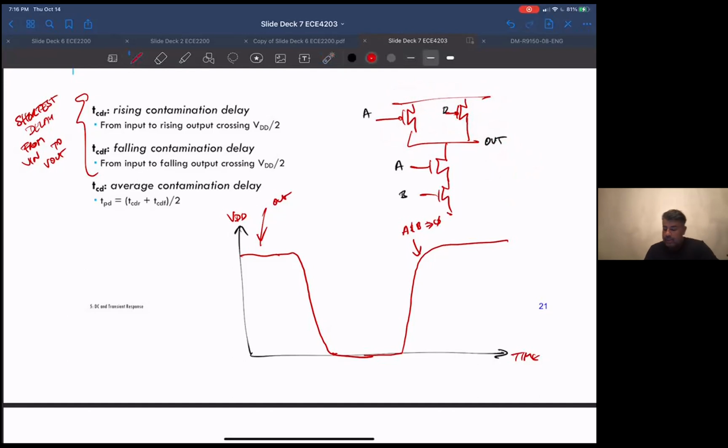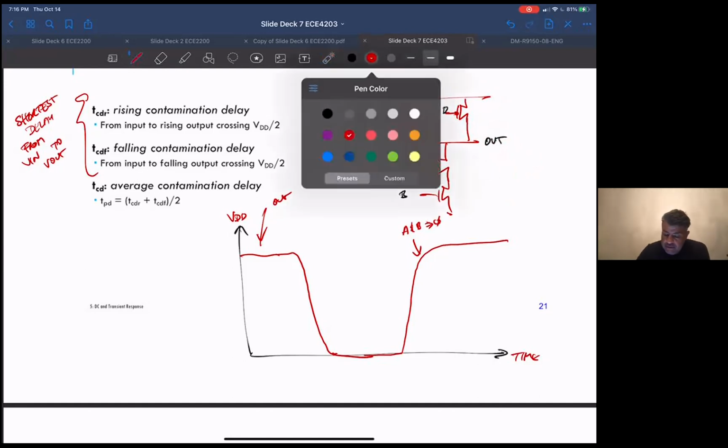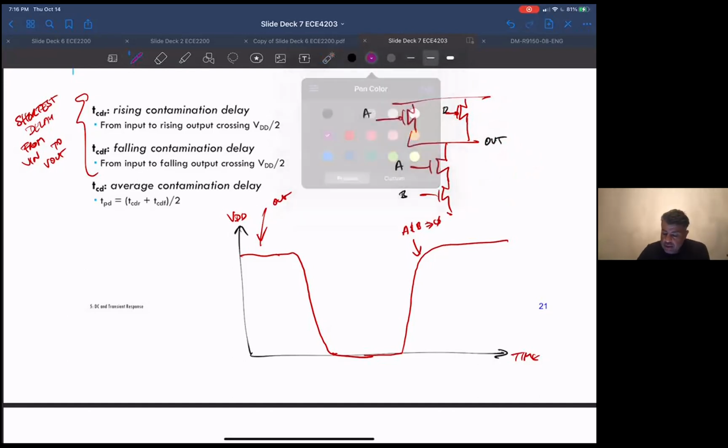But let's say you only have A go to 0 and B stays high. In that case, you're going to get a longer transition time. So that's when A goes to 0 and B just stays 1.